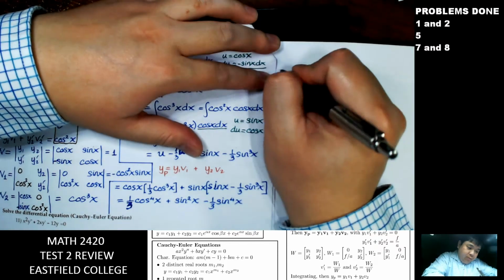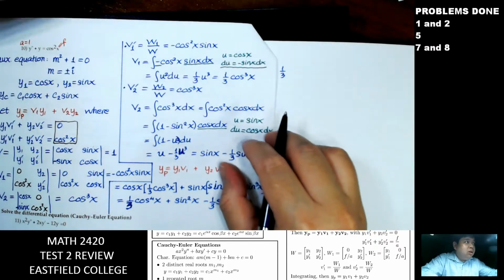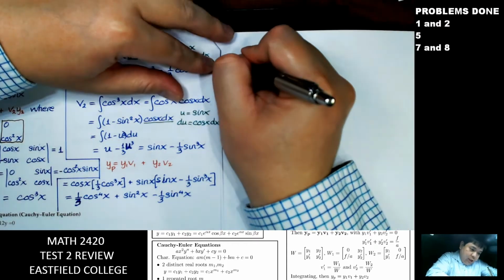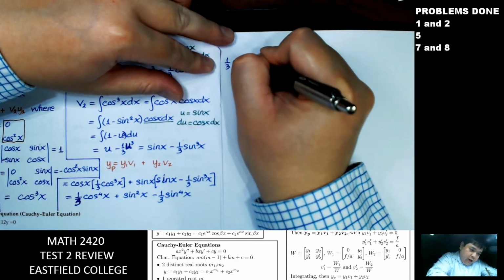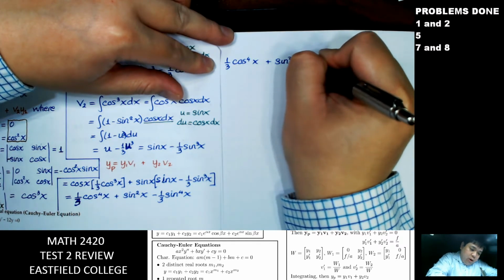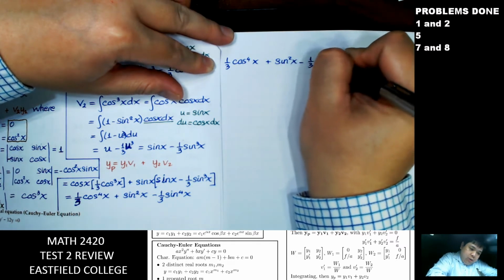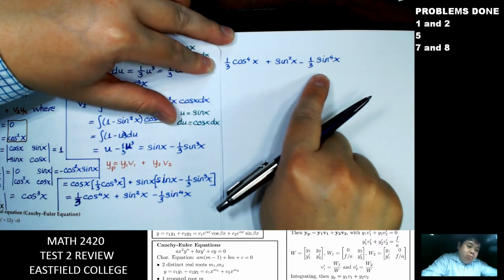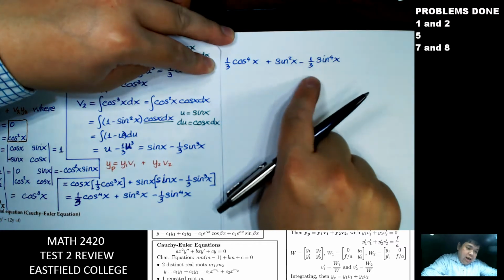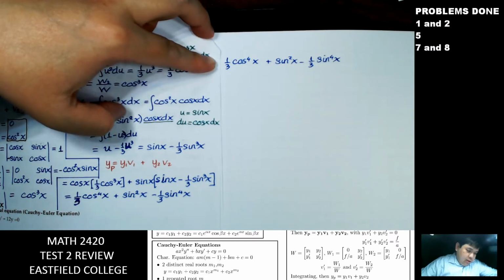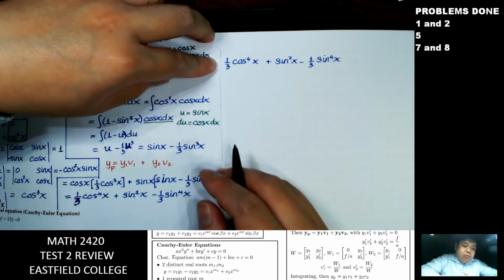So we have 1/3 cosine to the 4th x plus sine square x minus 1/3 sine to the 4th x. Right. We see cosine to the 4th, sine to the 4th, and that is minus. Right. So how about this?